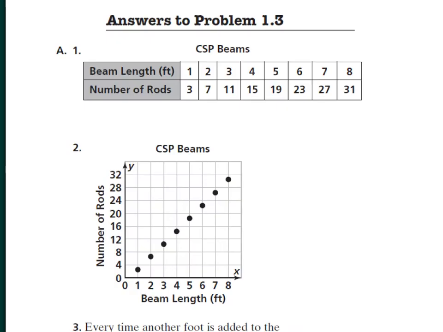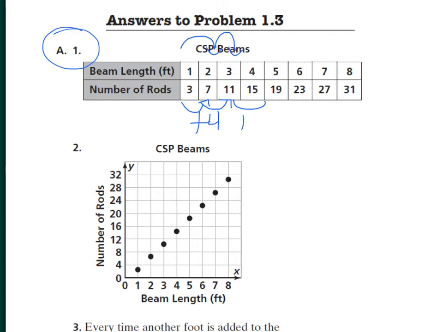Now I'll quickly go over the answers to problem 1.3 that students should have arrived at once they've completed the problem. When they make the table of data, it should look like what happens here on A1. And you'll notice a pattern. As the beam length increases by 1, the number of rods required increases by 4.